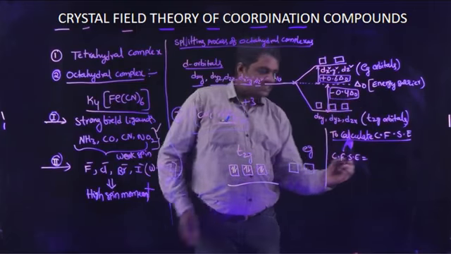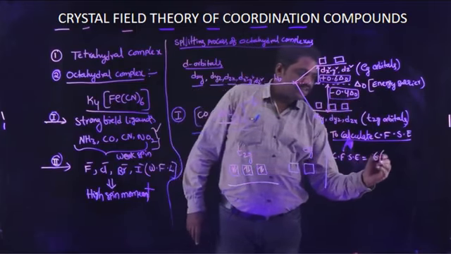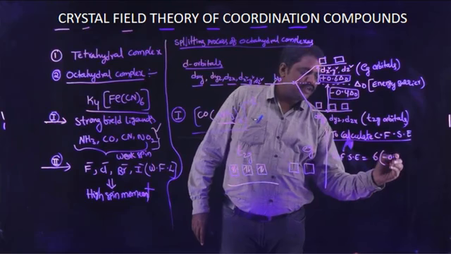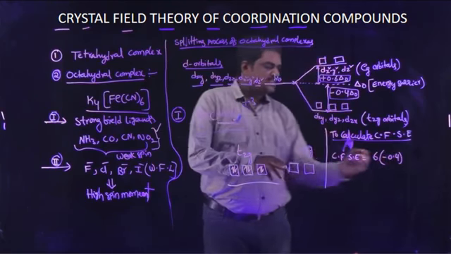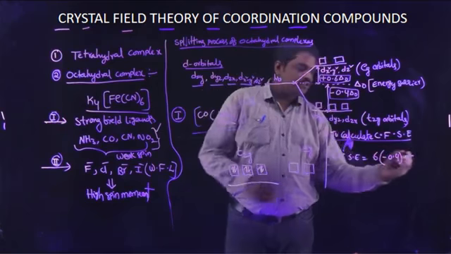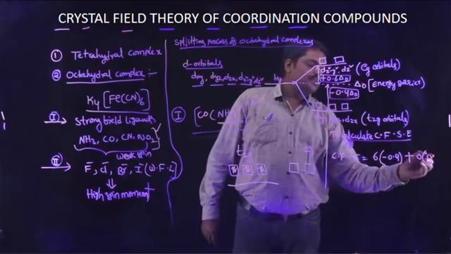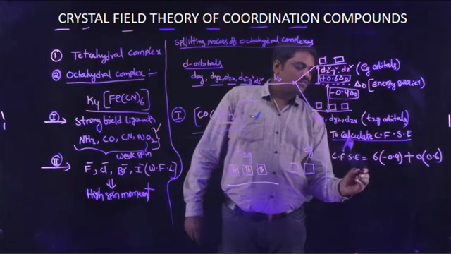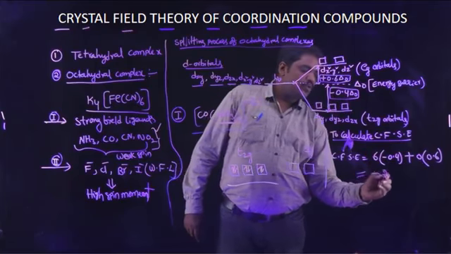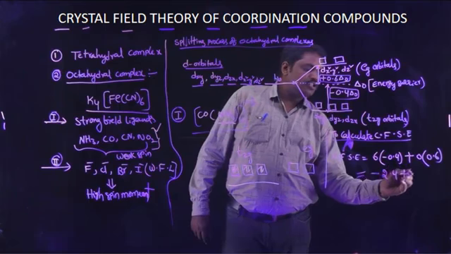There are 6 electrons, so 6 into minus 0.4, plus the eg level with 0 electrons, 0 into 0.6. Totally minus 2.4 plus 0.